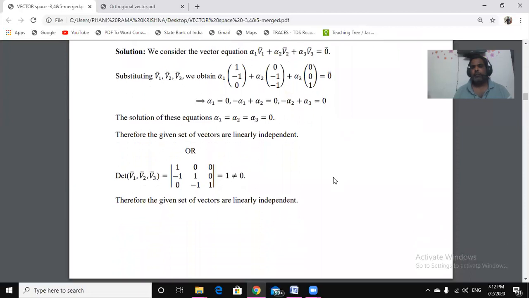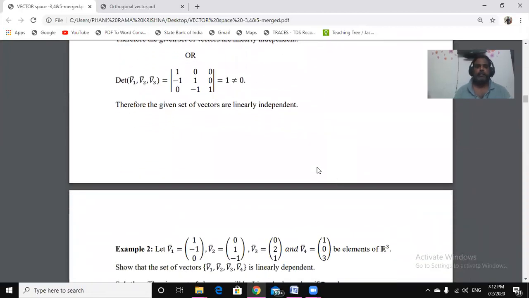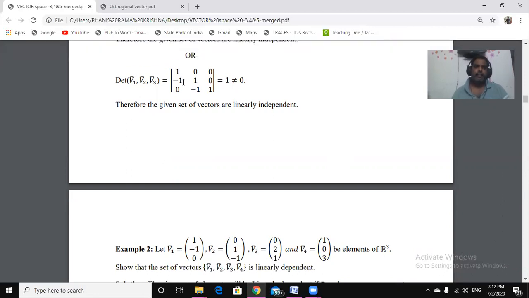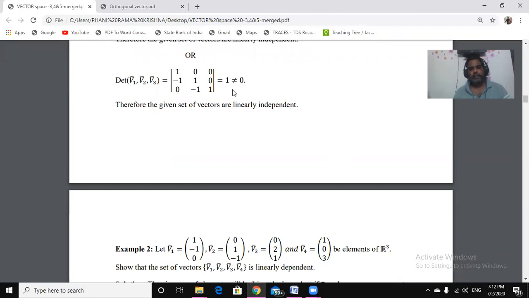Another way of checking is to write v1, v2, v3 in matrix form. If it forms a square matrix and the determinant is not equal to 0, then the given vectors are linearly independent. If the determinant is equal to 0, then the vectors are linearly dependent.